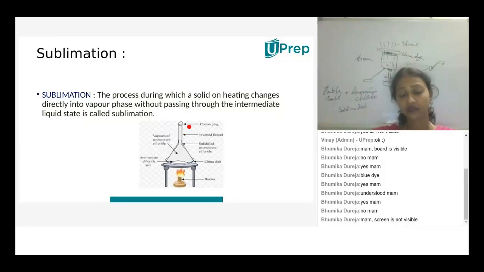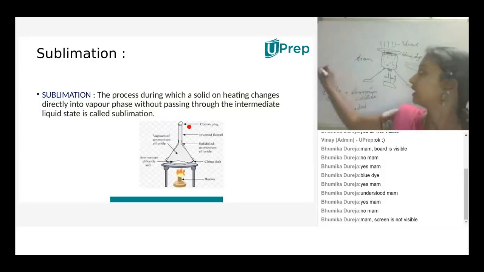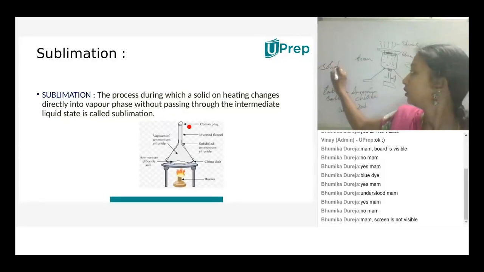After some time, we feel that the entire sublimation is finished. After cooling, we take out the funnel, and we can see that the vapors have converted again into solid. So it's a vice versa process: solid to gas on heating, and on cooling, gas to solid.